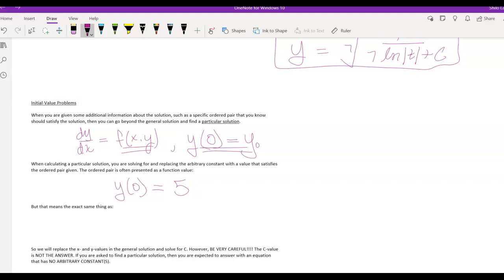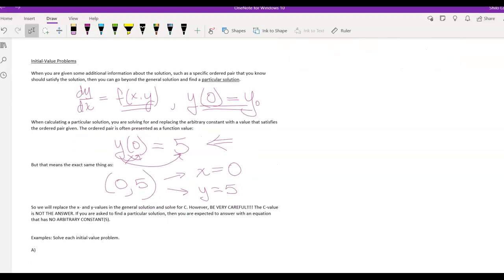But that means the exact same thing as the solution function passing through the point (0, 5). So they're giving us an x value of 0, a y value of 5. So be careful if you're not used to that notation. The y value is not the one that's immediately next to it. It's the one on the opposite side.